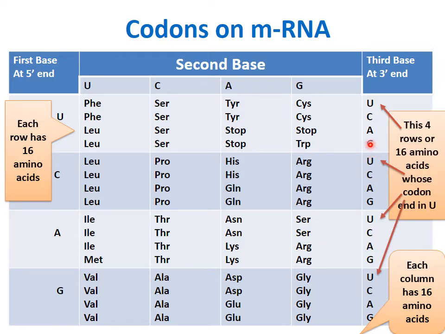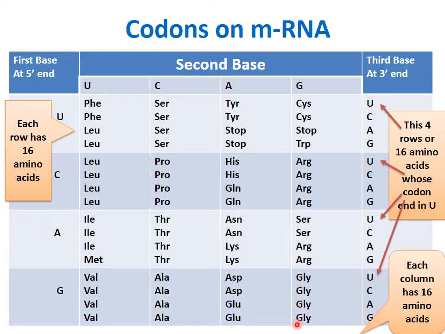And you see here this first row. All the codons in the first row will have the same ending, that is the third base, U. In the same way, the second row will end with a C base. All of the second row will end in C. And the third row will end in A; all of the third row will have A as the third base.